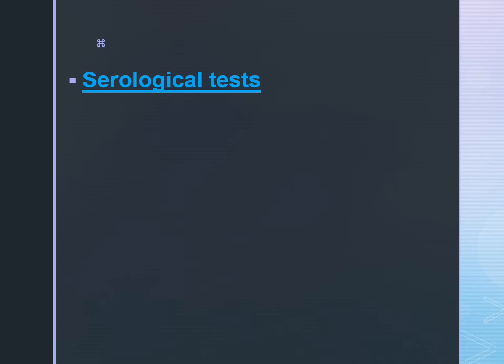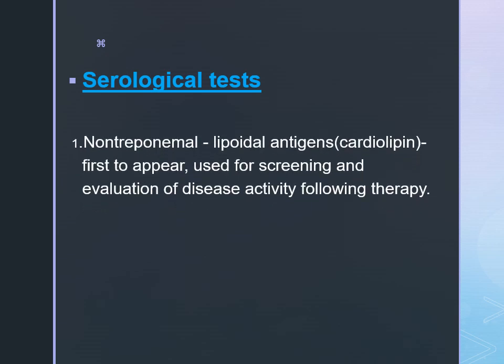So serological tests are performed on the serum, and there are two types of tests: the non-treponemal and the specific test, that is the treponemal test. The principle of the non-treponemal test is that we are not directly detecting antibody against the treponema.